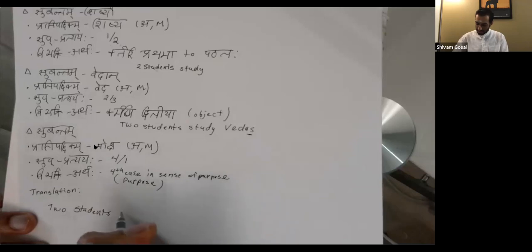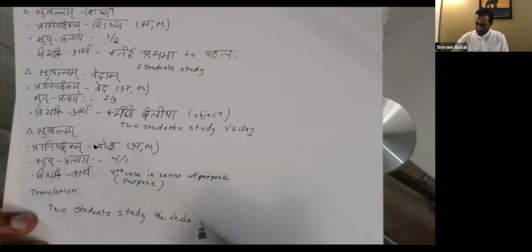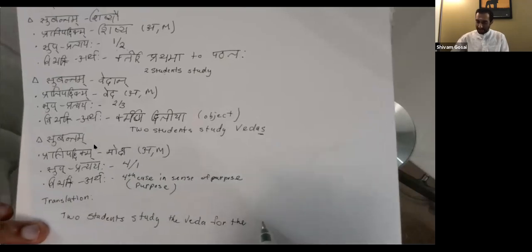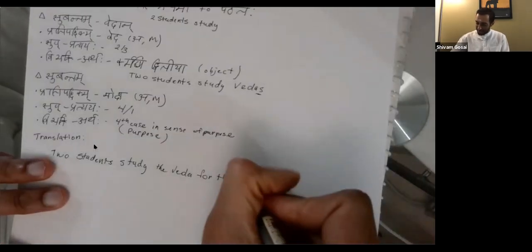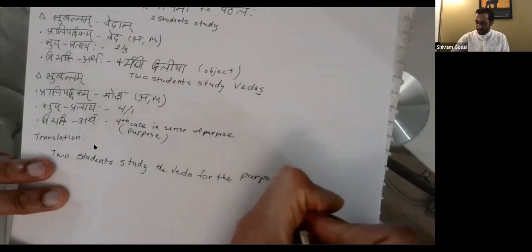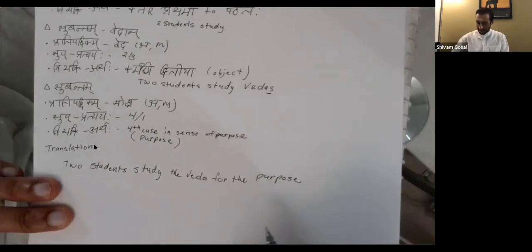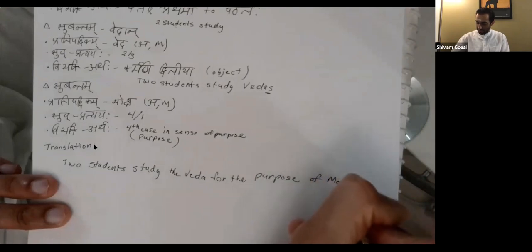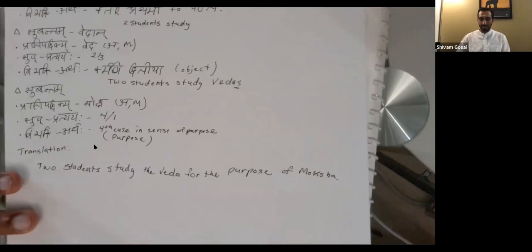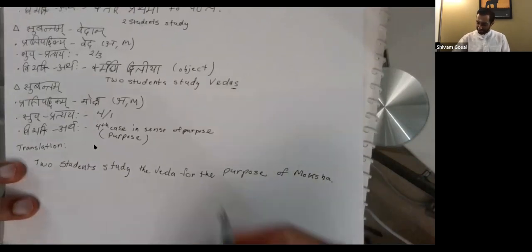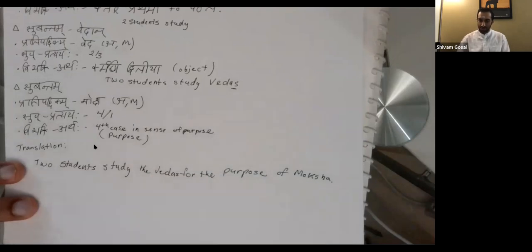Shishyo patataha, study, Vedan, the Vedas, mokshaya, for the purpose of moksha. Oh, my handwriting is not going very well, is it now? Two students study the Vedas for the purpose of moksha.